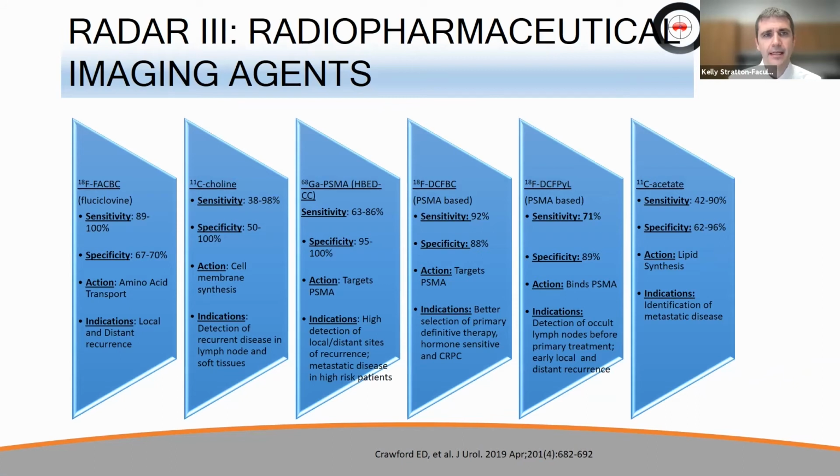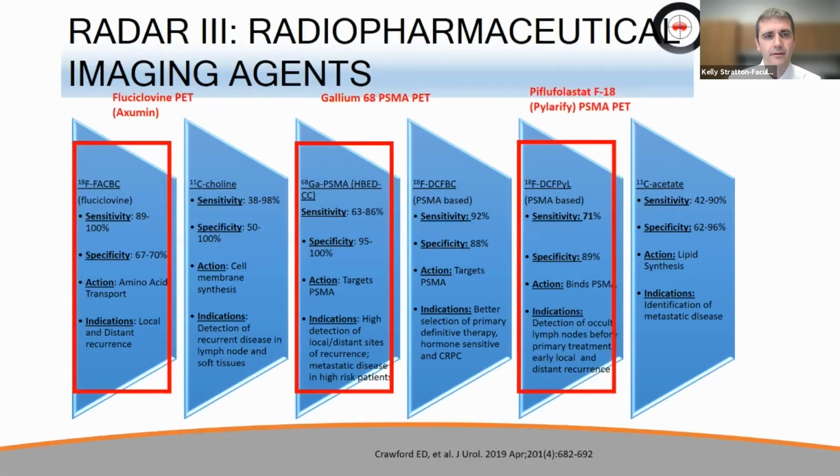Again, considering the RADAR 3 guidelines, there are 3 PET imaging options that we'll really want to highlight because they're probably the most likely to be available either currently at your site or in the near future. Fluciclovine PET, or Axumin PET, is an amino acid transport target that specifically localizes to prostate cancer, but also some other cancers as well.